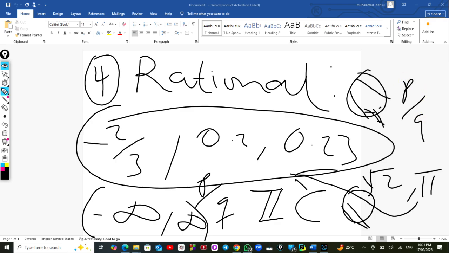Pi is 3.14 and so on, running to infinity. We cannot express this as a fraction, so it's not qualified.